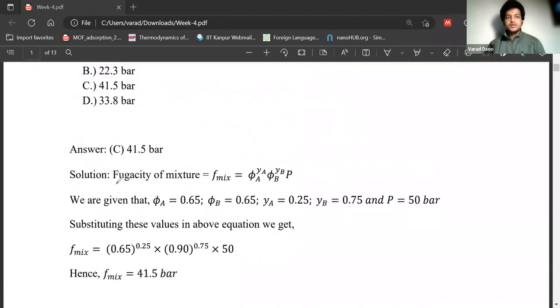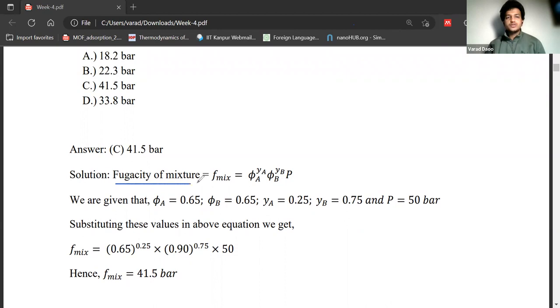The solution is, we know that the fugacity of a mixture, let us denote it by f mix, is given by phi A into phi B into P, where phi A is the fugacity coefficient of component A in a binary mixture having a mole fraction of yA, and phi B is the fugacity coefficient of component B in a mixture having a mole fraction of yB.